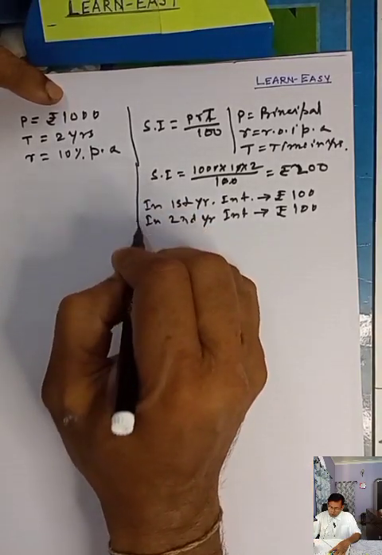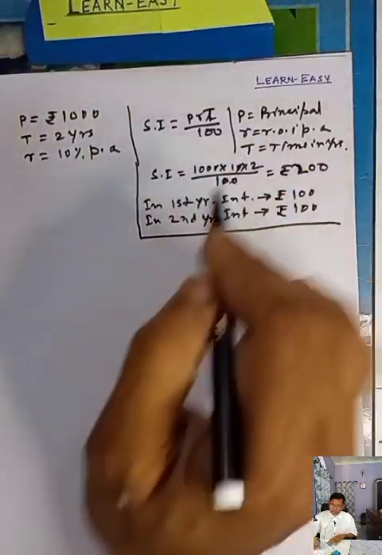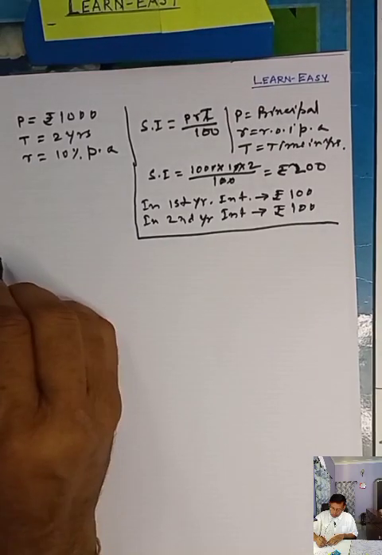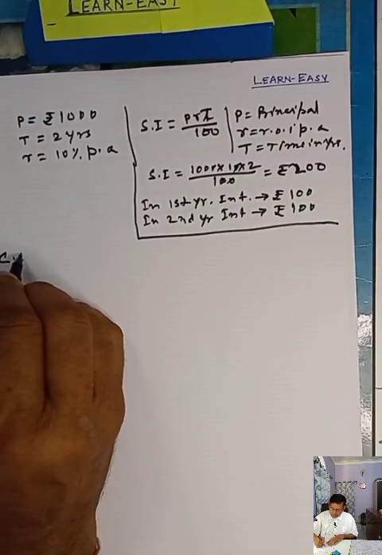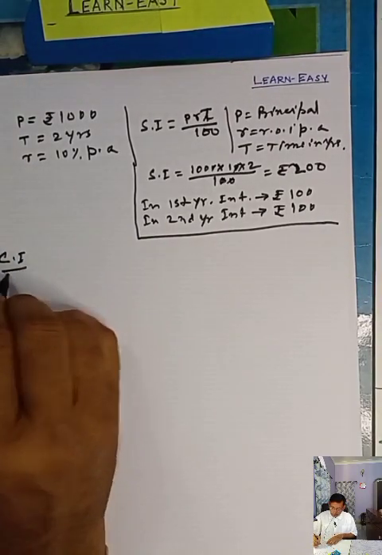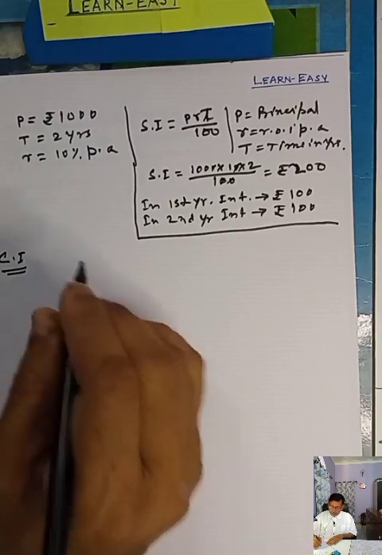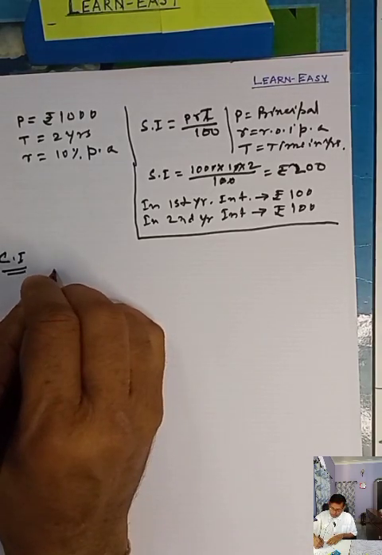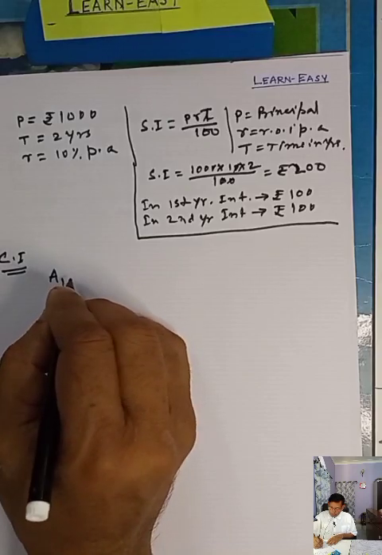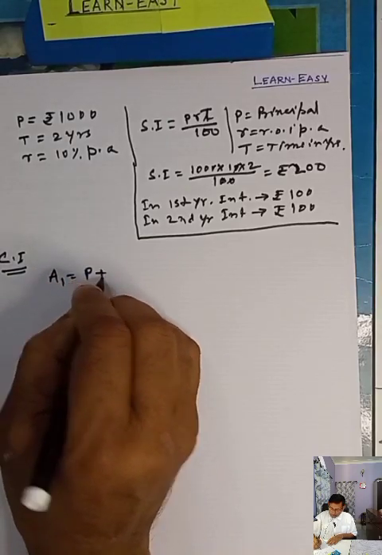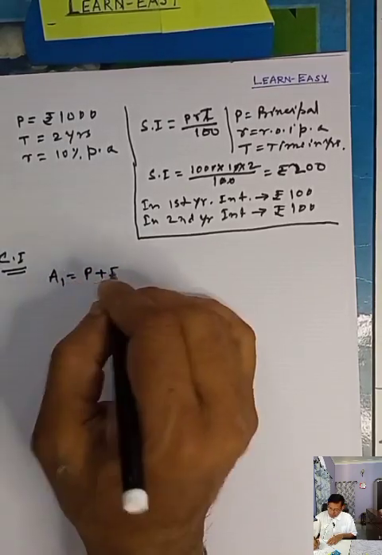So this is the complete picture of simple interest. Now coming to compound interest. In case of compound interest, the amount after the first year will be principal plus interest for 1 year.